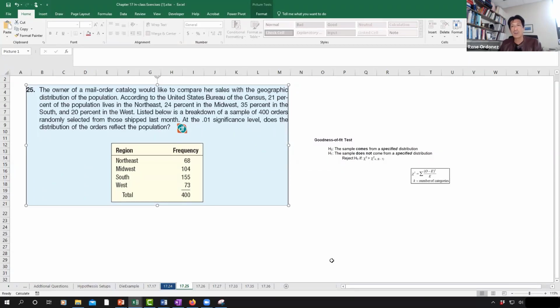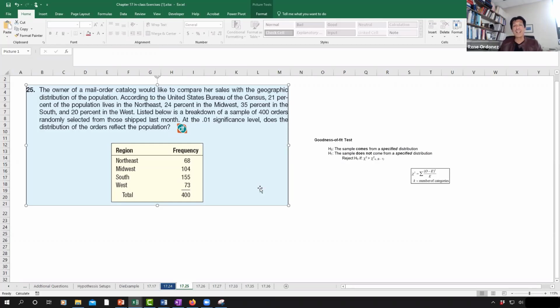According to the U.S. Bureau of the Census, 21% of the population lives in the Northeast, 24% in the Midwest, 35% in the South, and 20% in the West. Listed below is a breakdown of a sample of 400 orders, randomly selected from those shipped last month. So the question is, at the 0.01 significance level, does the distribution of the orders reflect the population?